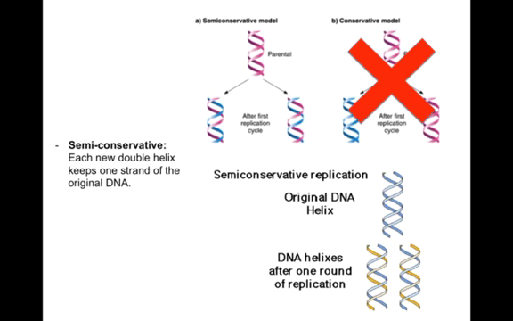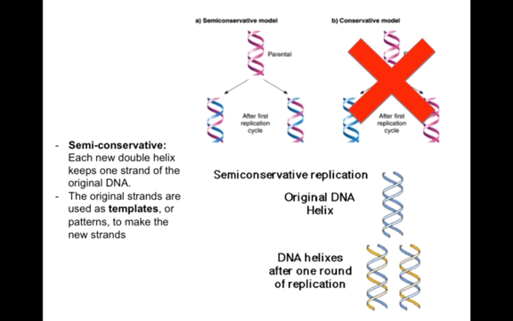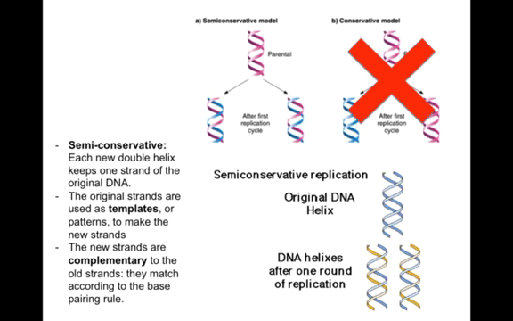With the semi-conservative model, each new double helix keeps one strand of the original DNA, and the other strand is new. In fact, the original strand is going to be used as a template. Another way to think about that is that the information on the old strand is being used to make the new strand.